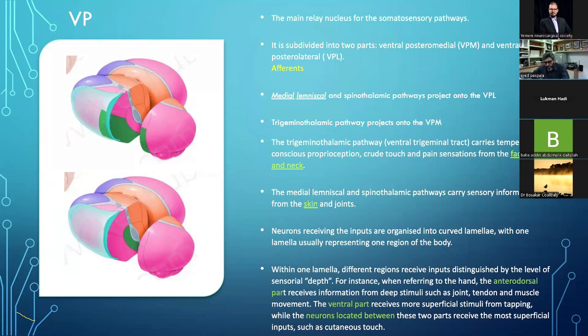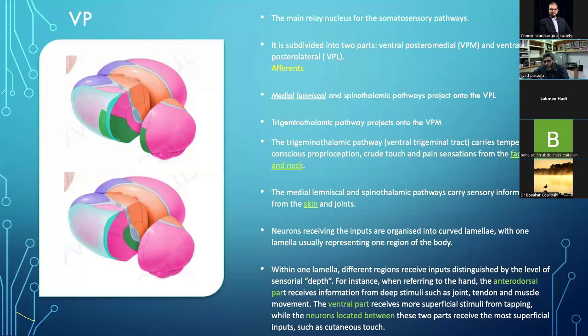The reception in these nuclei is arranged in a fashion of lamellae, and each lamella has a specific representation of a body structure. Even the depth of perception of a sensation, like deep sensation and superficial sensation, has a different representation in each lamella. The ventral part of the nuclei receives superficial stimuli, and the anterodorsal part receives the deep stimuli.